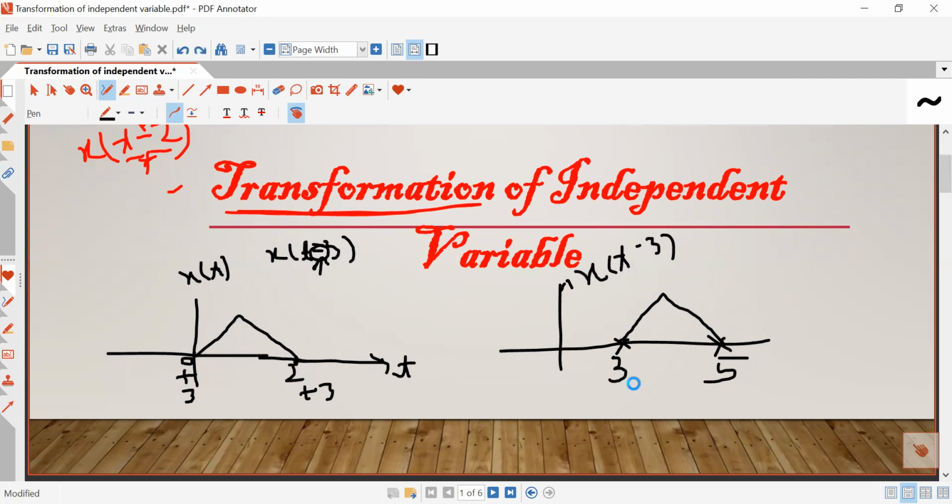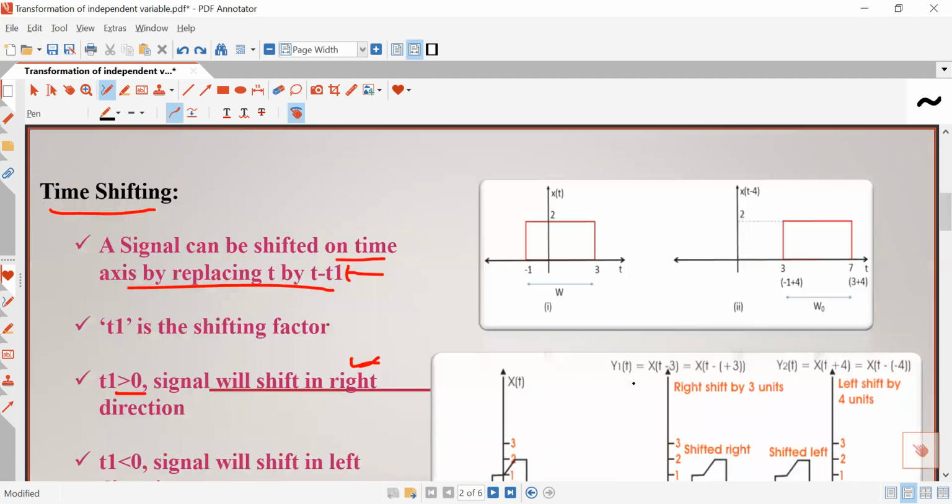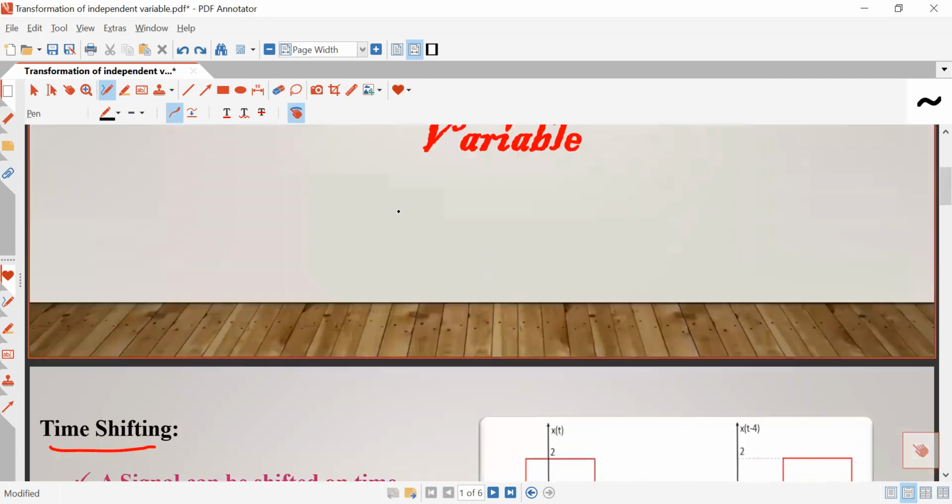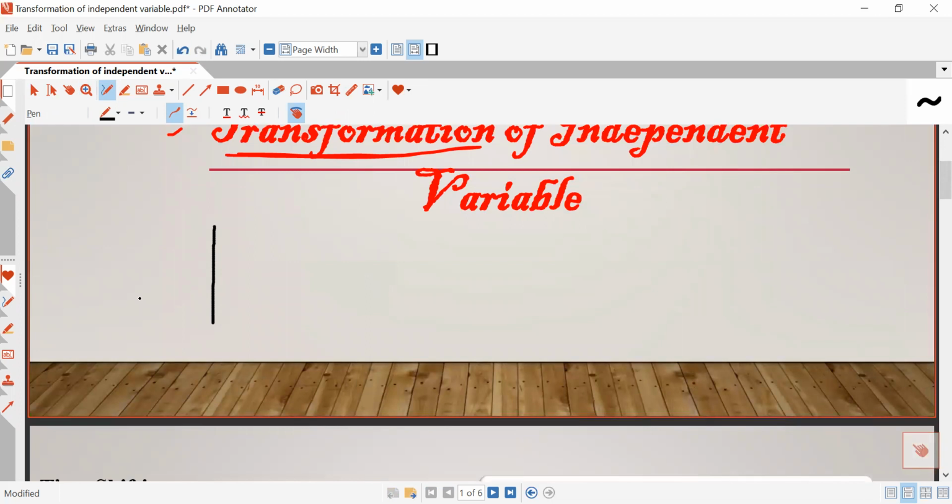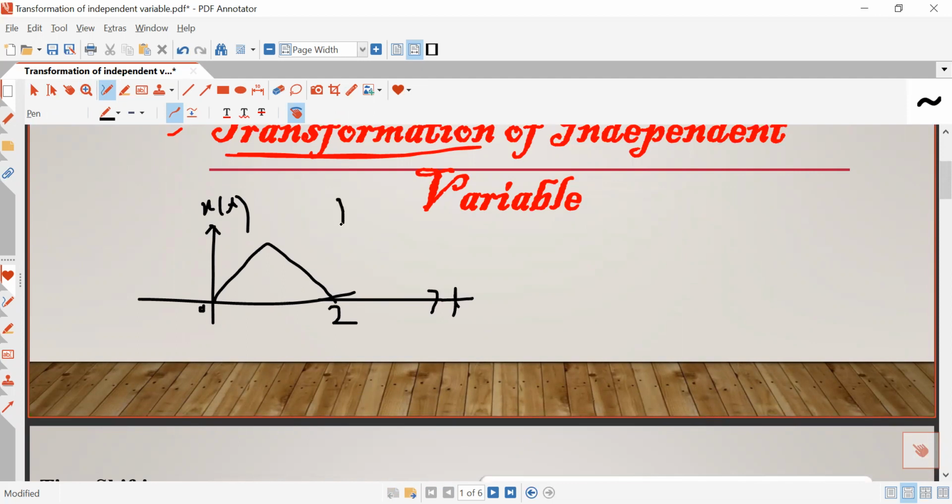Suppose the question is: this is a signal x(t), which exists between 0 and 2. Now the question is, draw x(t+2).